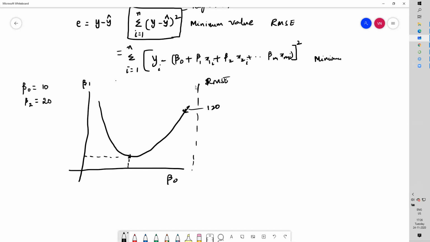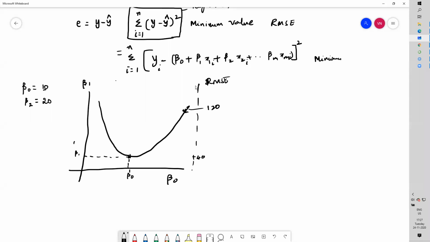Where we are getting the minimum value for RMSE, let's say this is 40. The minimum value that the RMSE can take is here. That is, let's say beta naught dash, and this is beta 1 dash. So we need to find out this beta naught dash and beta 1 dash.